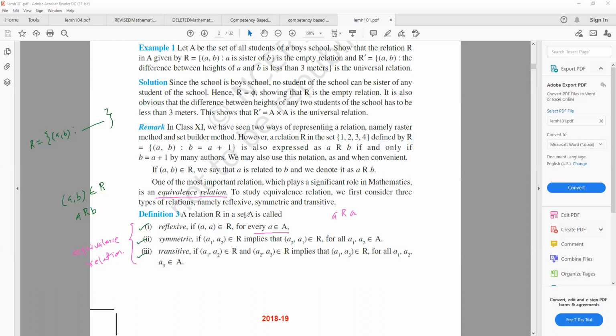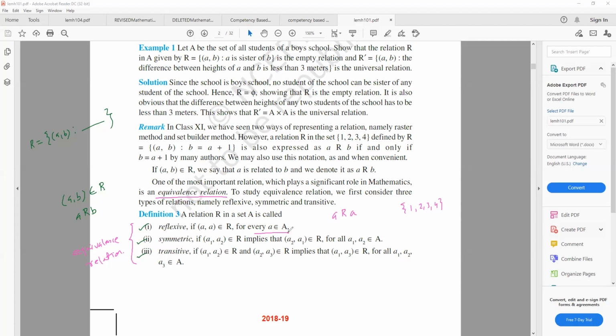So उस सेट में जितना भी एलिमेंट्स है, हर एक एलिमेंट खुद को रिलेटेड होना चाहिए. So a related to a: every element is related to that element itself. खुद को relate होना चाहिए for every a in A, हर एक एलिमेंट को. अभी एक सेट में सपोज 4 एलिमेंट्स है, जैसे फॉर एग्जांपल 1, 2, 3, 4, रिलेशन में, देन (1,1) होना चाहिए, (2,2) होना चाहिए, (3,3) होना चाहिए, (4,4) होना चाहिए.